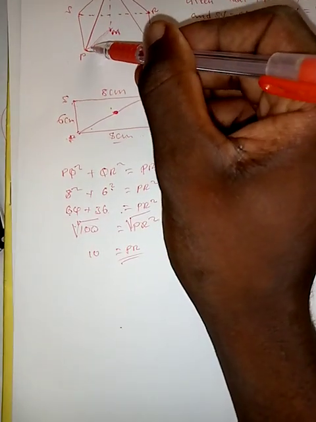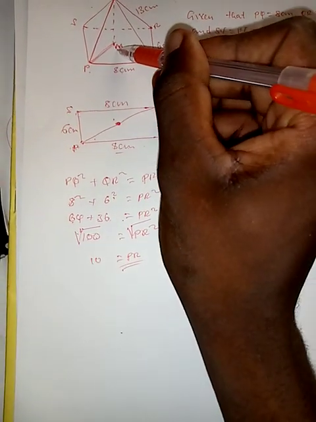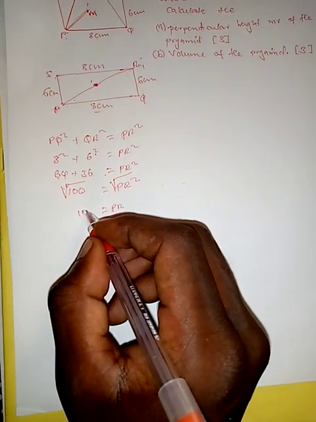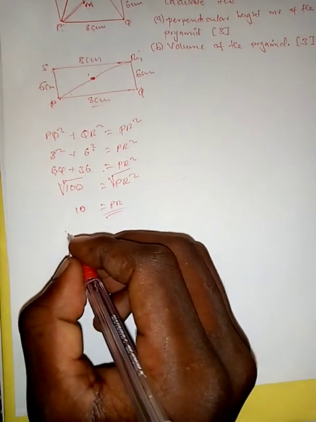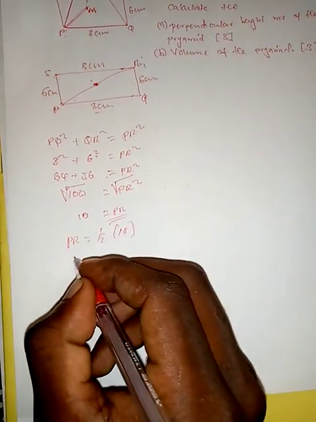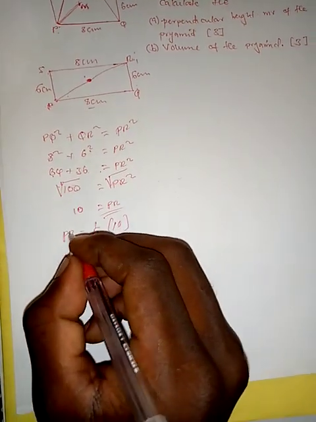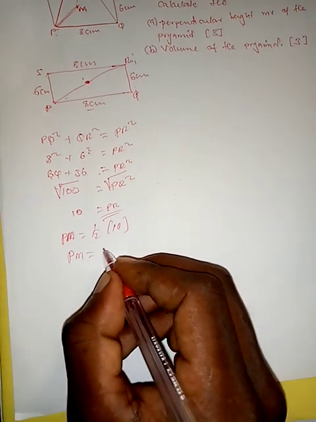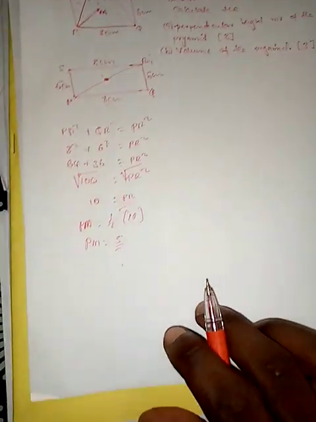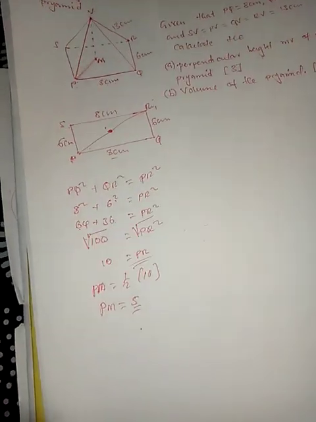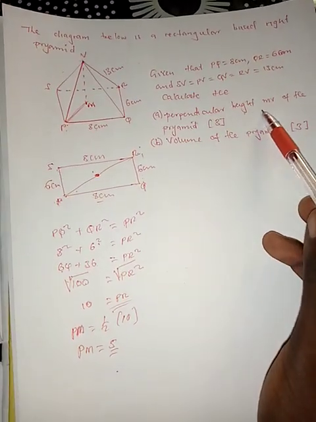For me to find PM, PM is the halfway of PR. So PM is 5.